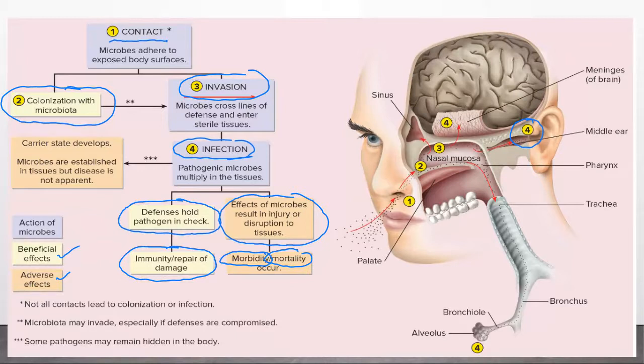And then maybe enter the protective layers of the brain and spinal cord called meninges, causing meningitis, for example. Or if they enter the lungs, they can cause pneumonia. So there are several diseases that may be caused by the entrance or infection of pathogens into our sterile tissues.